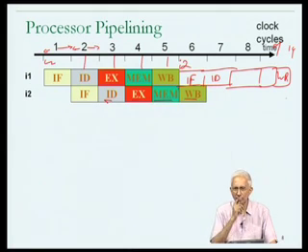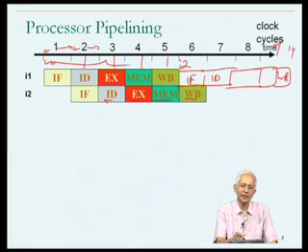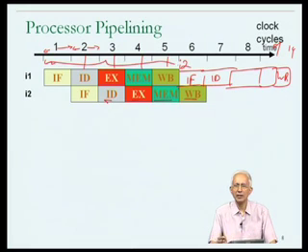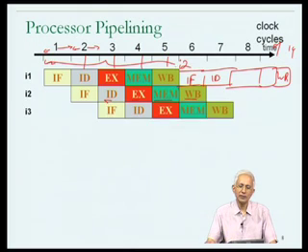So this is in essence what processor pipelining will try to do. Note that as far as processor pipelining is concerned, the fact that each instruction took 5 cycles is hardly a concern at all, because what we have achieved is more important. So the third instruction can follow and use the IF hardware starting from cycle number 3, and so on.